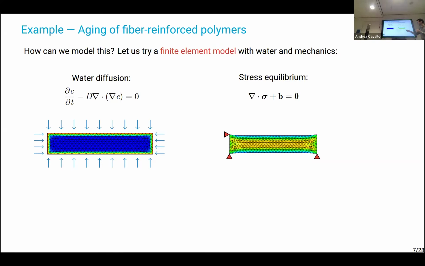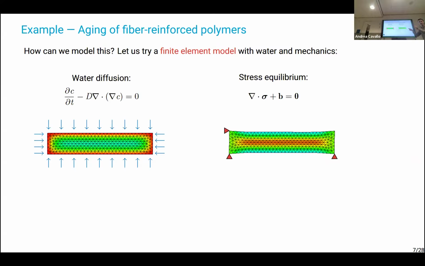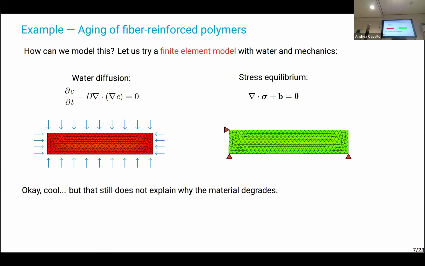It makes it expand. If you look at the picture on the right, we also model the mechanical behavior of the specimen, and we see that it expands, right? Like a sponge. So we model these two physics at the same time, diffusion and stress equilibrium, which is very cool, but it still doesn't explain why the material loses half of its capacity to carry load.